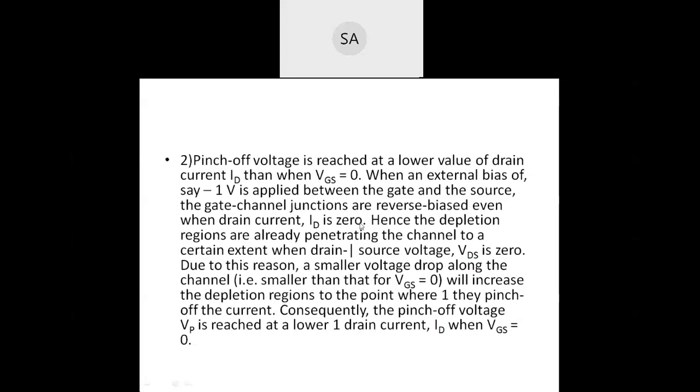Hence, the depletion regions are already penetrating the channel to a certain extent when the drain to source voltage VDS is 0. Due to this reason, a smaller voltage drop along the channel will increase the depletion regions to the point where they pinch off the current. Consequently, the pinch-off voltage VP is reached at a lower drain current than when VGS is 0.